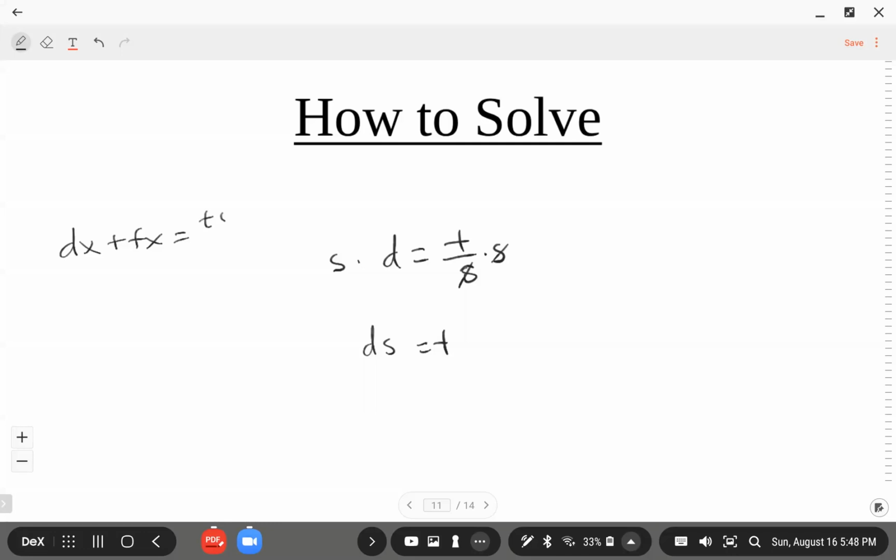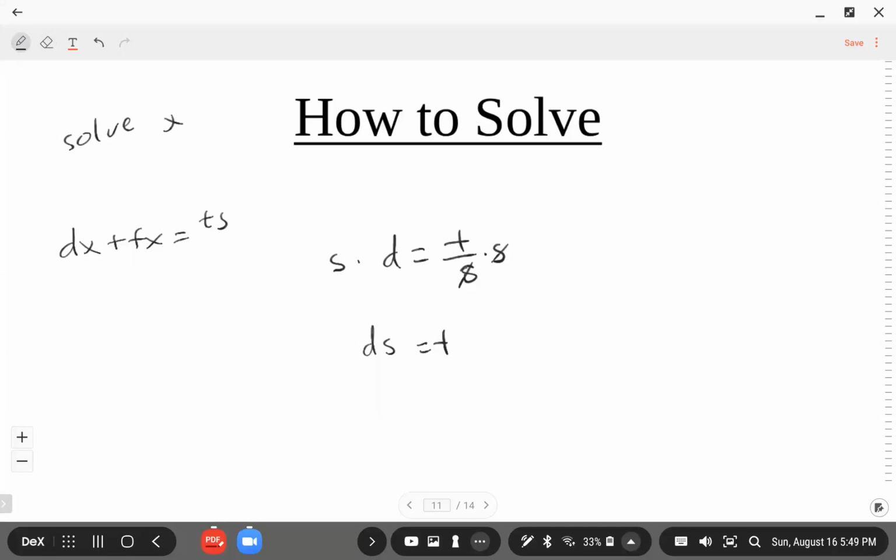So solve for x. We just have to isolate x, right? But look, x is multiplied by d and f, right? Now, how to isolate x from these two variables? How do you separate d and f? How do you separate them?